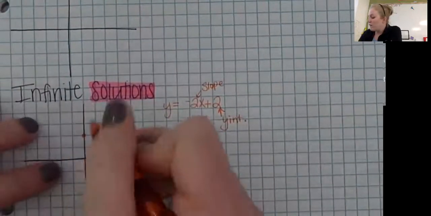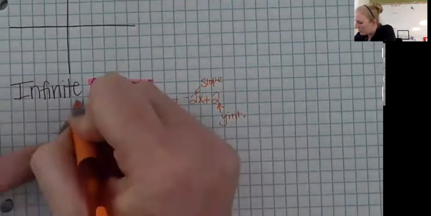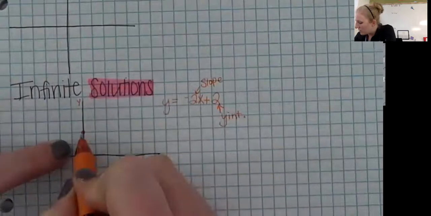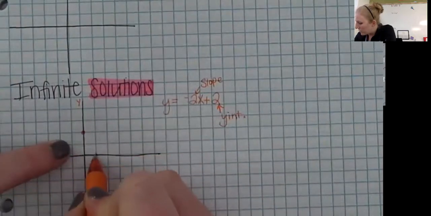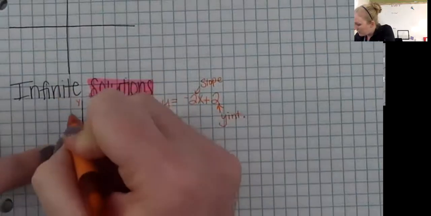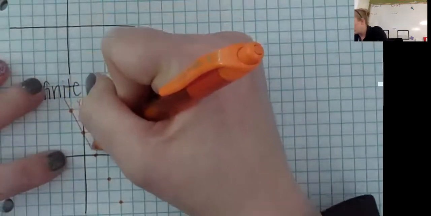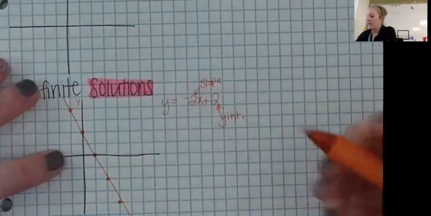You start at positive 2, where it crosses the y-axis. Then you go down 2, over 1, down 2, over 1, and continue that. If it's infinite solutions, it's going to be the same equation.